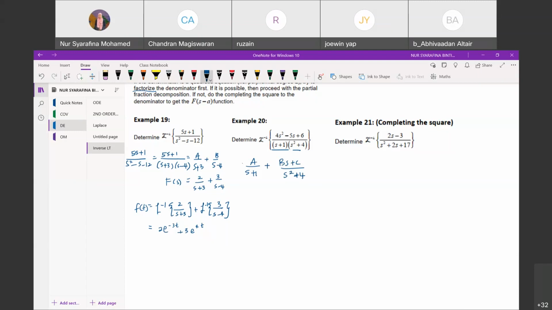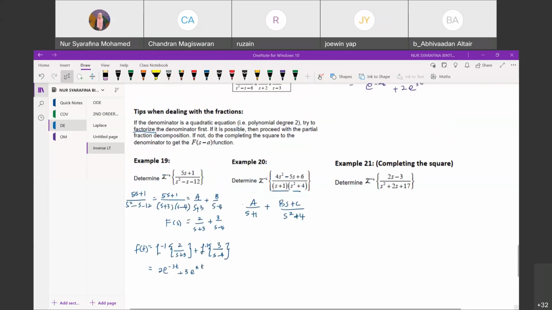Try. Okay, and then the third one. Okay, let's discuss this first. The third one cannot be factorized directly, so you can try to apply the completing the square method, where you should have here 2s minus 3.